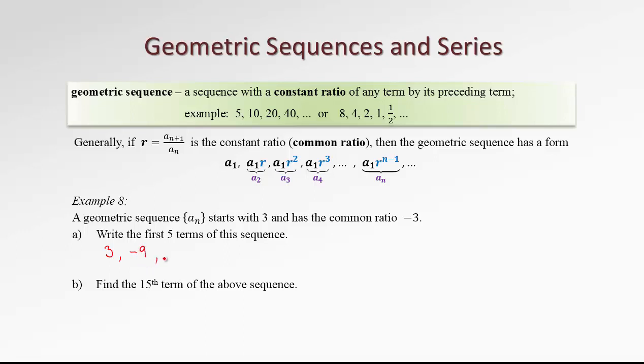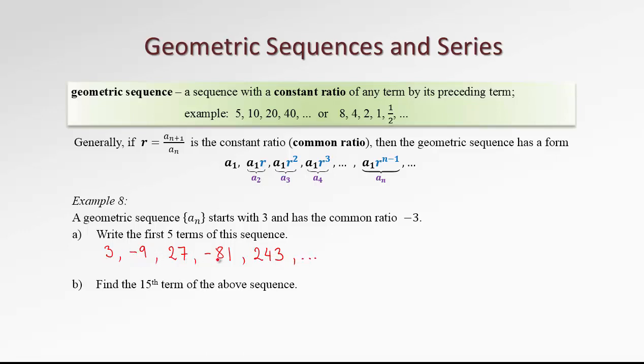And the following term is the previous term times the common ratio again. So -9 times -3, oh, that's positive 27. And the next term can be obtained by multiplying 27 by -3. Therefore, we get -81. Finally, again, let's multiply this number by -3. We obtain positive 243. And so on.